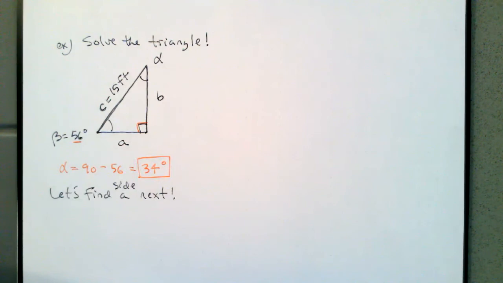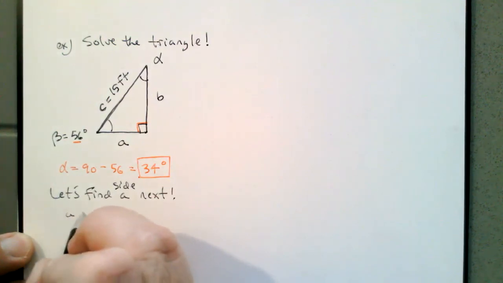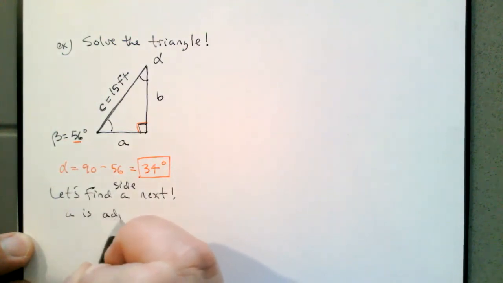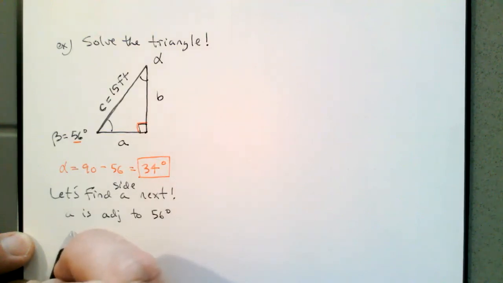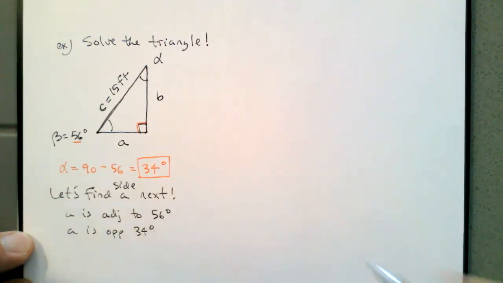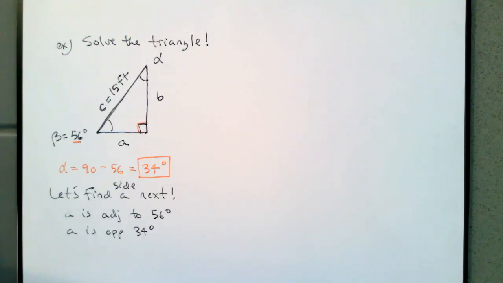Side A next, just because we have to pick one. And we have two things that we can do. We can read A as being adjacent to 56 or opposite the 34. So now we have yet another choice. We have to decide if we want to use the 56-degree angle or the 34-degree angle.